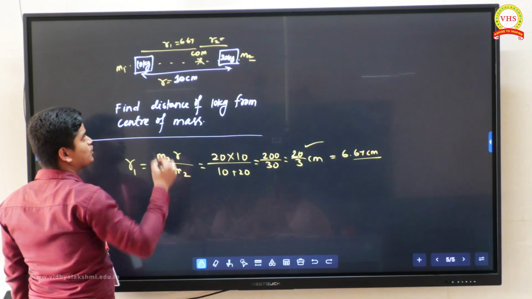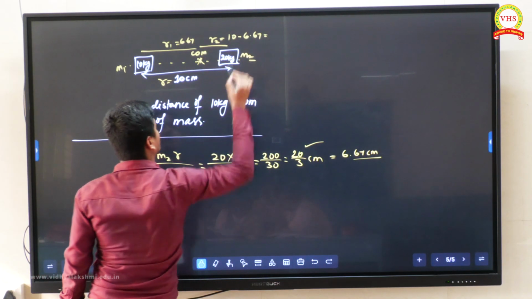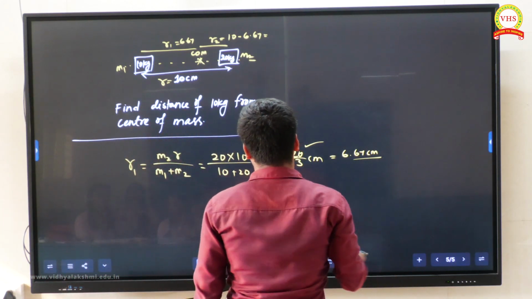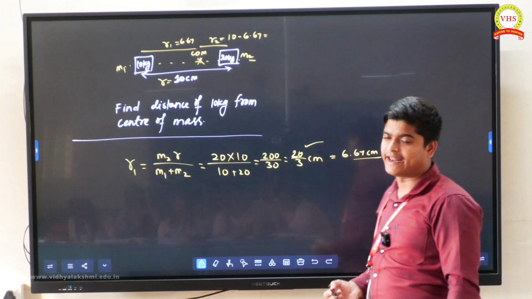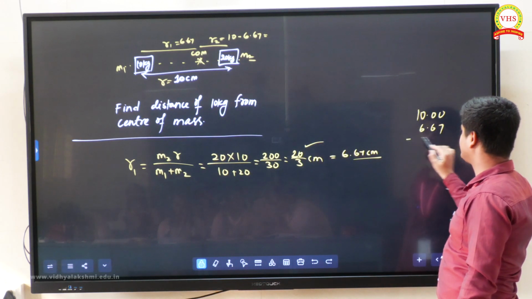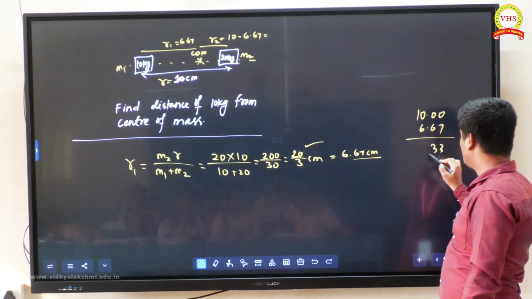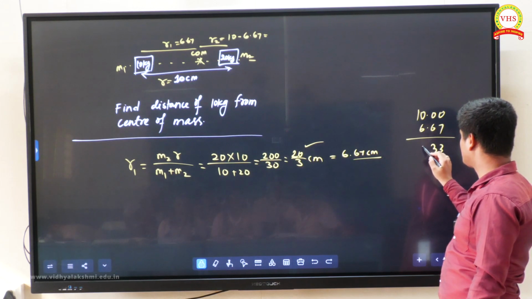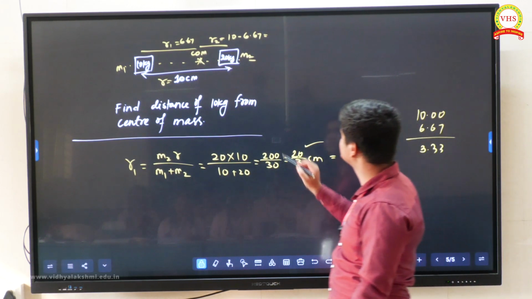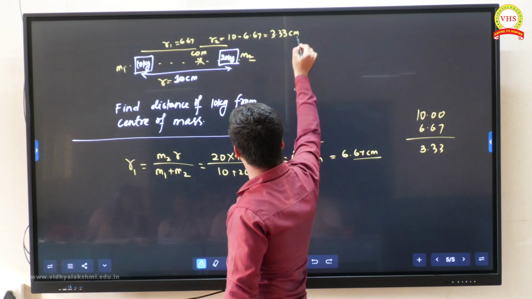What is R2? 10 minus 6.67. How much will come? 3.33.